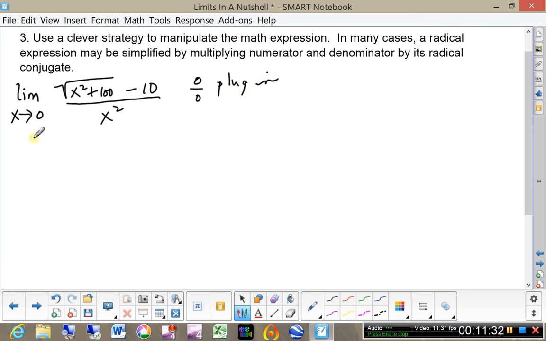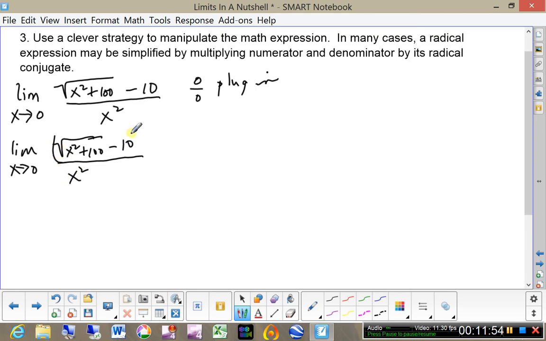However, we can write this as the limit as x approaches 0 of the square root of x squared plus 100 minus 10 divided by x squared.